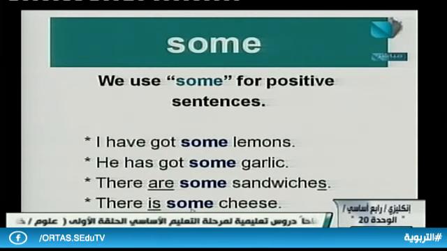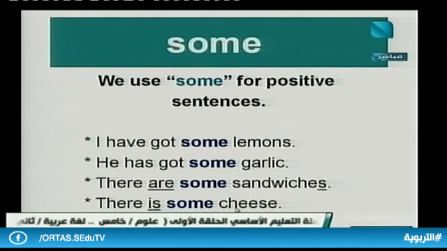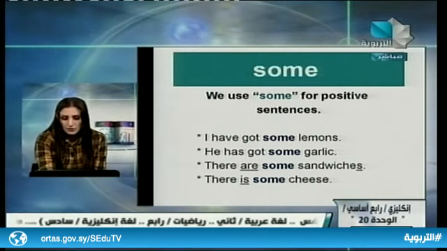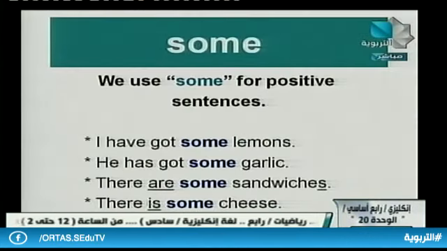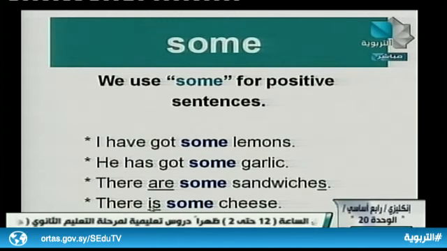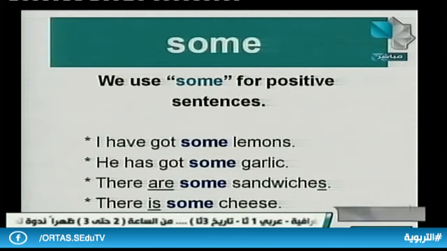There is some cheese. Cheese is an uncountable noun and it only exists in singular. So the verb must be singular. There is. Okay, I want here just to remind you about this information.